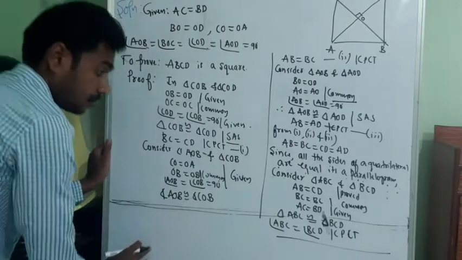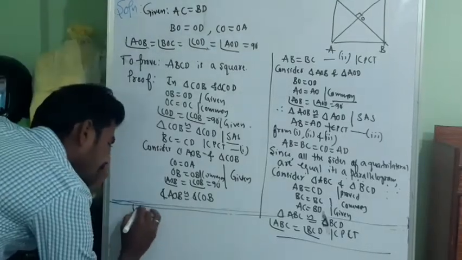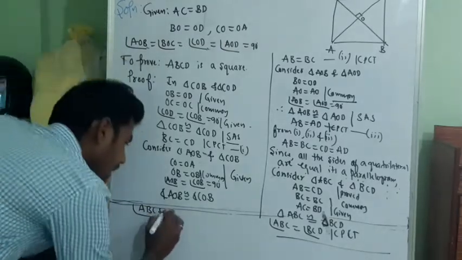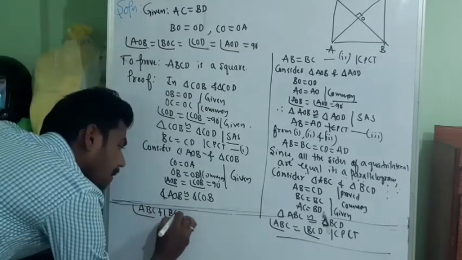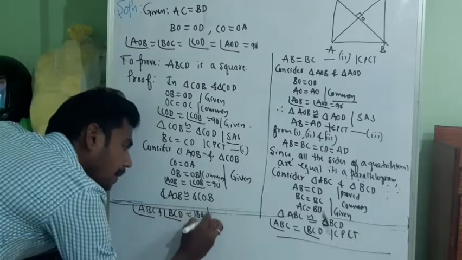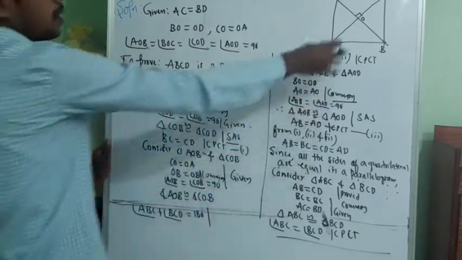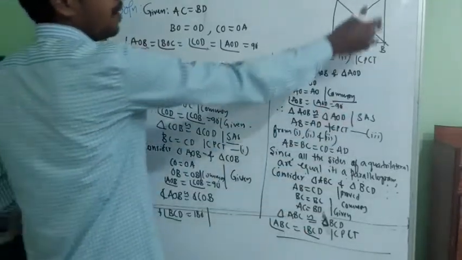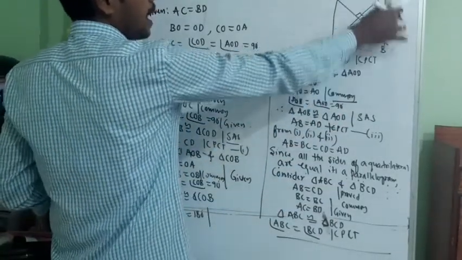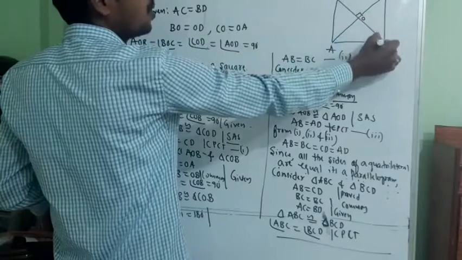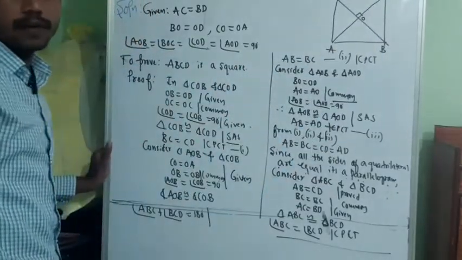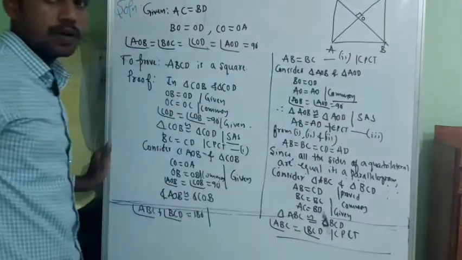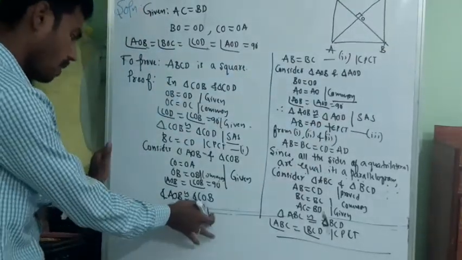See, angle ABC plus angle BCD is equal to 180 degrees because two consecutive angles of a parallelogram will be equal to 180 degrees.